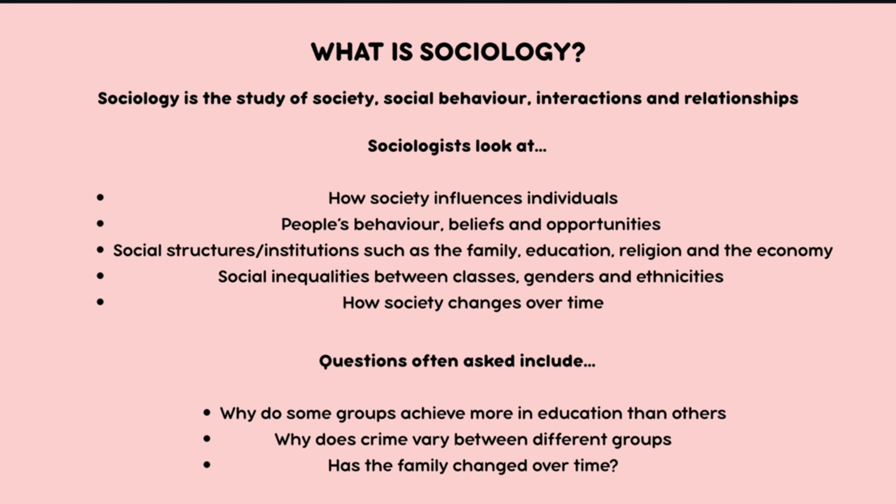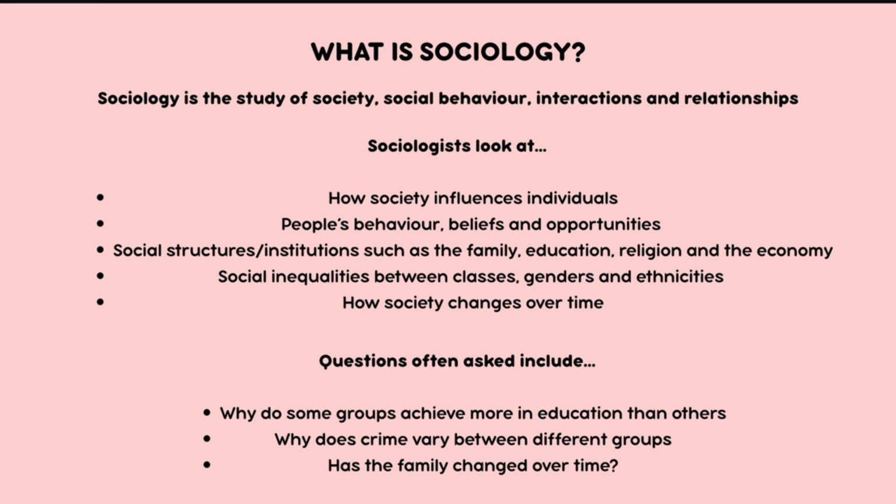Okay, so one of the biggest questions that I get asked when I tell people that I do A-level sociology is, what is sociology? I feel like there isn't one correct answer for this, but the best way to put it is it's the study of society, social behaviour, interactions and relationships.